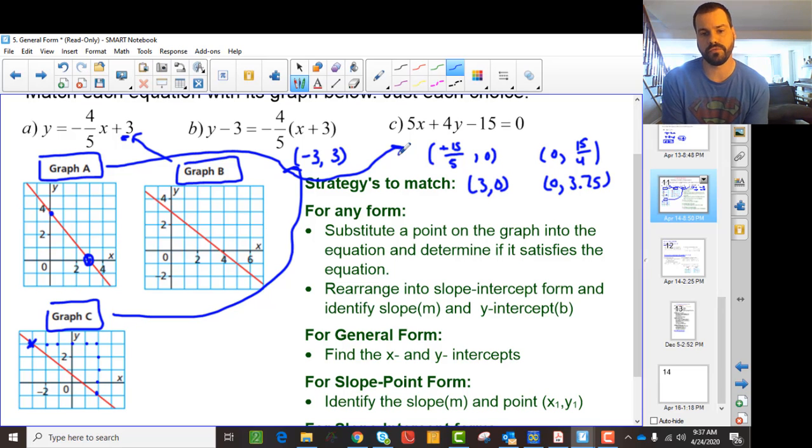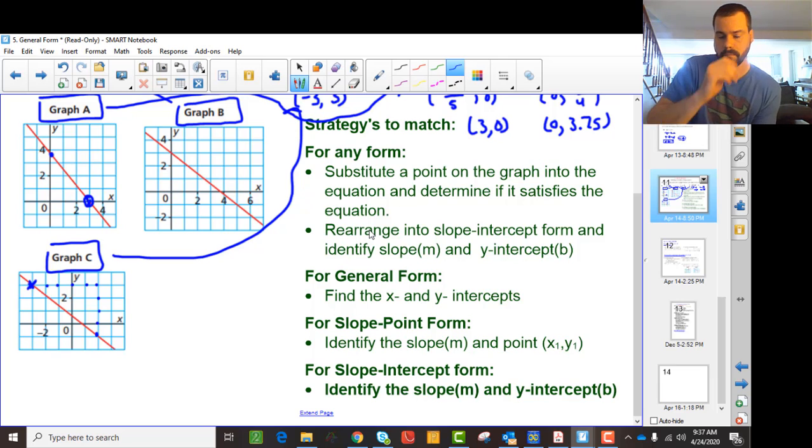And if you're in general form, find the x and y intercepts. You can always rearrange everything into slope-intercept form, but that's not always the most efficient method. The most efficient way of doing it for general form is to find the x and y intercept and see which graph matches those x and y intercepts.